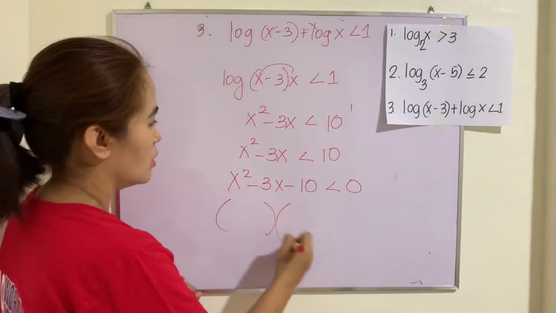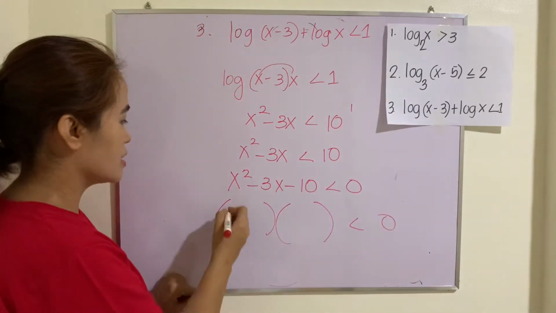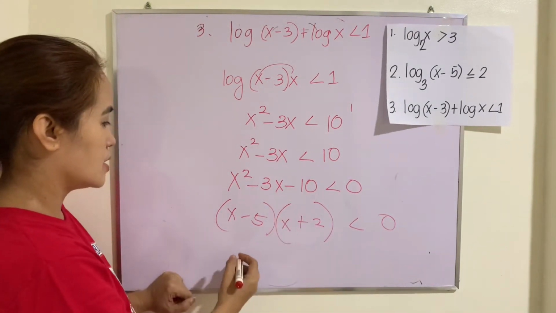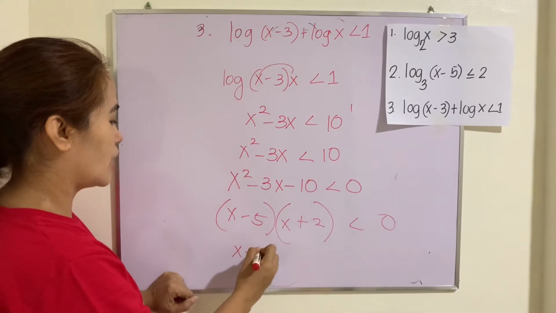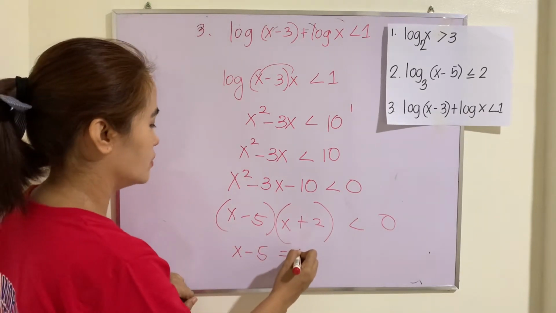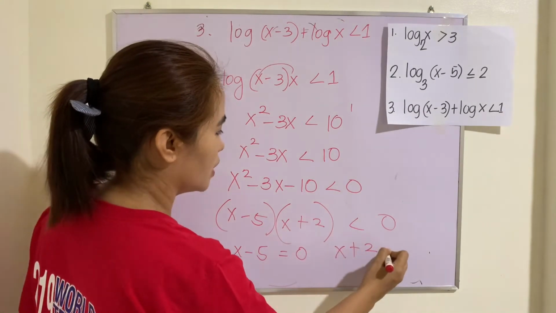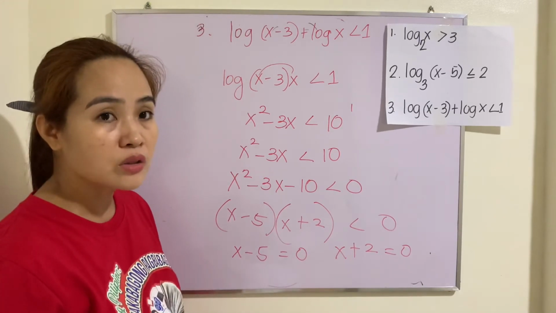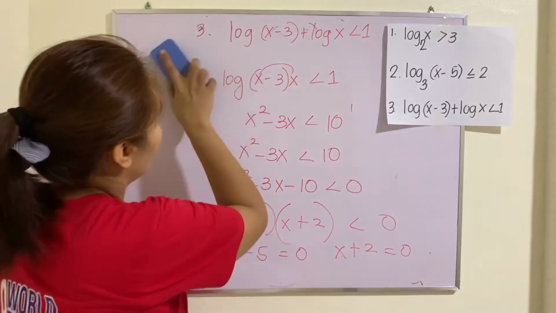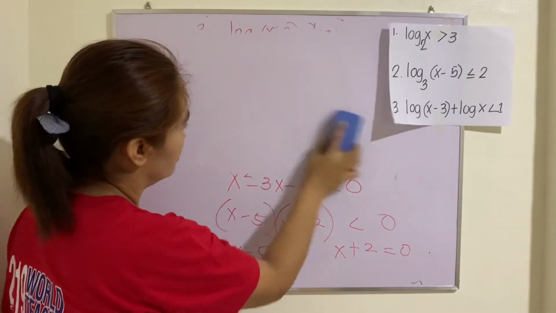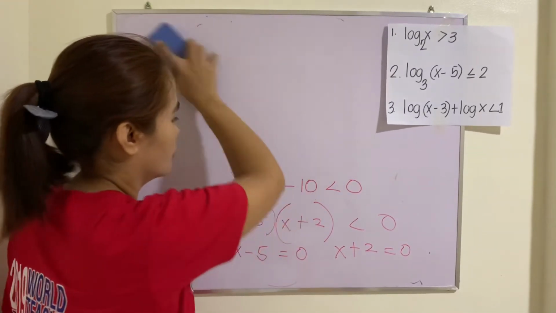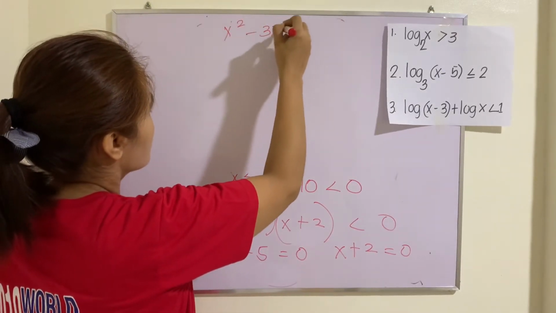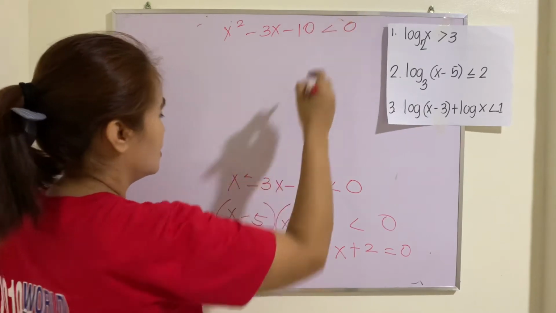Okay? So let us factor it. This is x minus 5 and x plus 2. So this is x minus 5 equals 0 and x plus 2 equals 0. So we need to get test points so that we can find out the solution. What do I mean by that? So this one is x squared minus 3x minus 10 is less than 0.